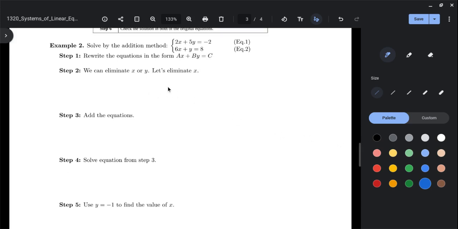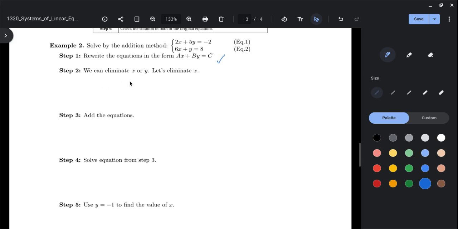So we are asked to solve using the addition method this system: 2x plus 5y equals negative 2 and 6x plus y equals 8. So step 1, like I had pointed out above, was to rewrite the equations in the form of ax plus by equals c. And if you look at our equations, they are already given to us that way. So step 1, we are good to move on.